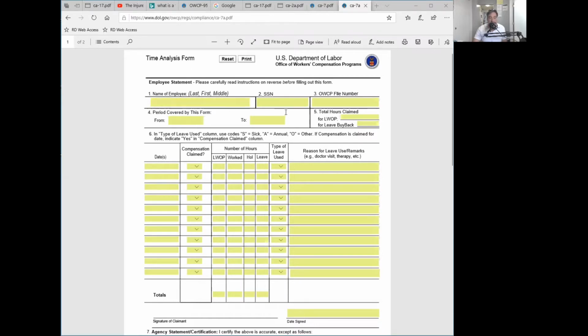You put in your name, your social, your case number, the pay period that it covers, and the total hours of claim. Here are the dates. Compensation claimed, yes. Leave without pay. Let's say you left work. You worked 5 hours and you left, and you're on leave without pay for 3 hours, making an 8-hour day.